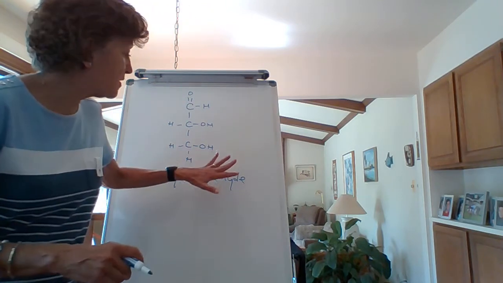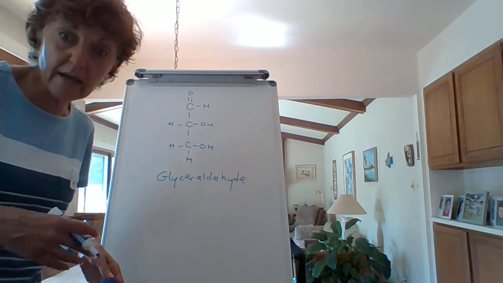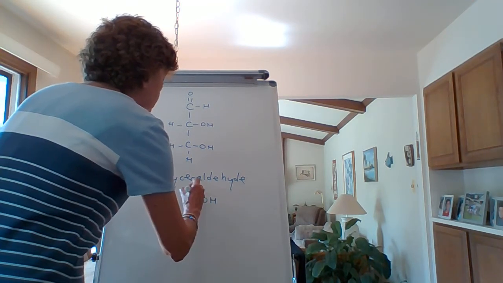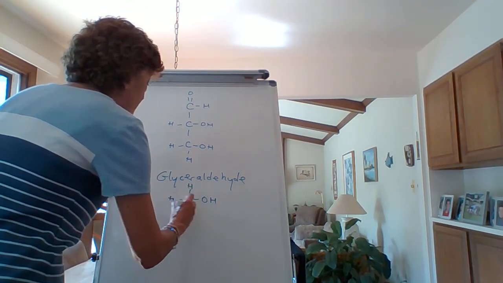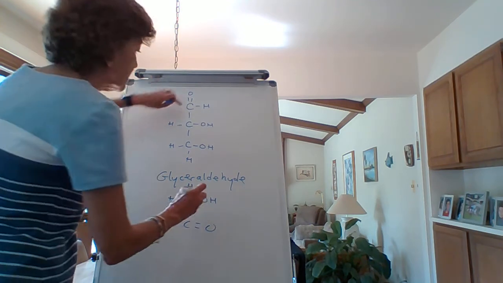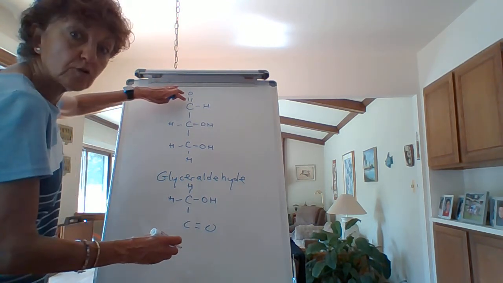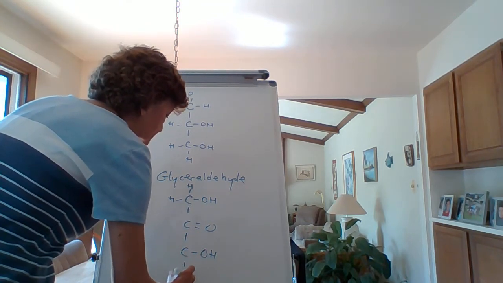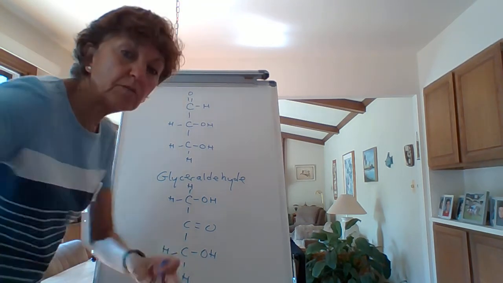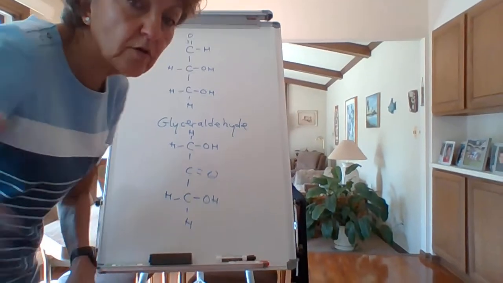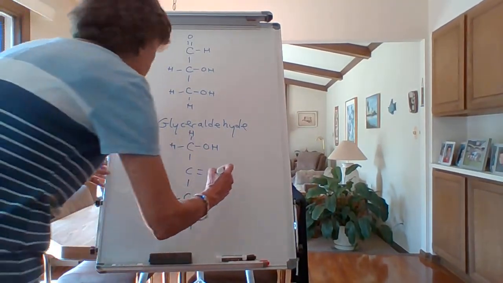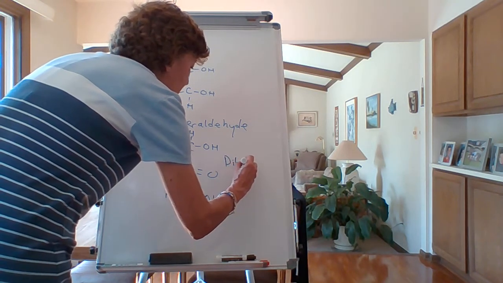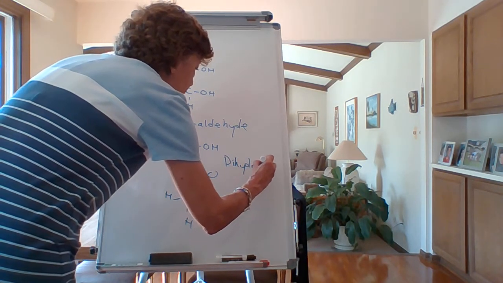All right, this is glyceraldehyde. The other triose I'm going to draw is this one here. You can see glyceraldehyde is an aldotriose. This one, let me move this down. This is called dihydroxy.